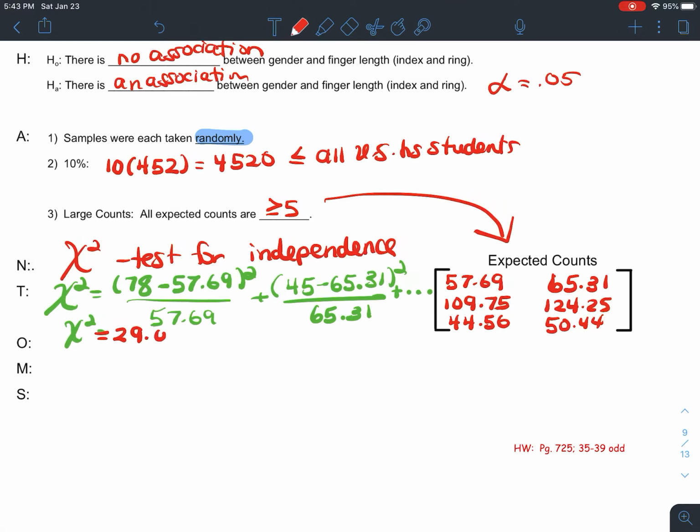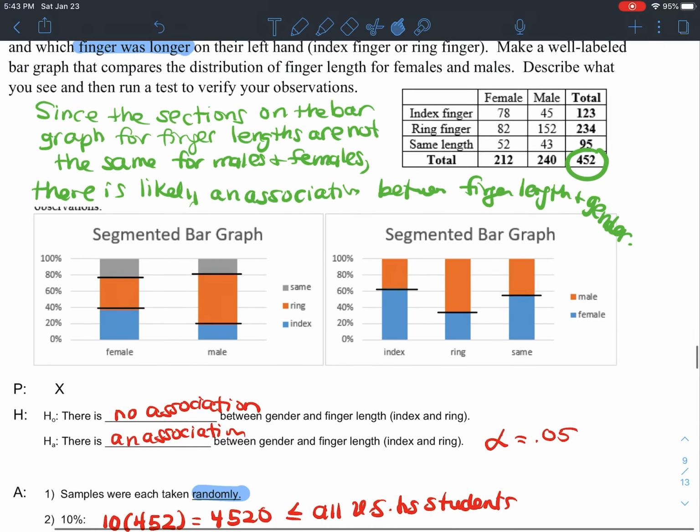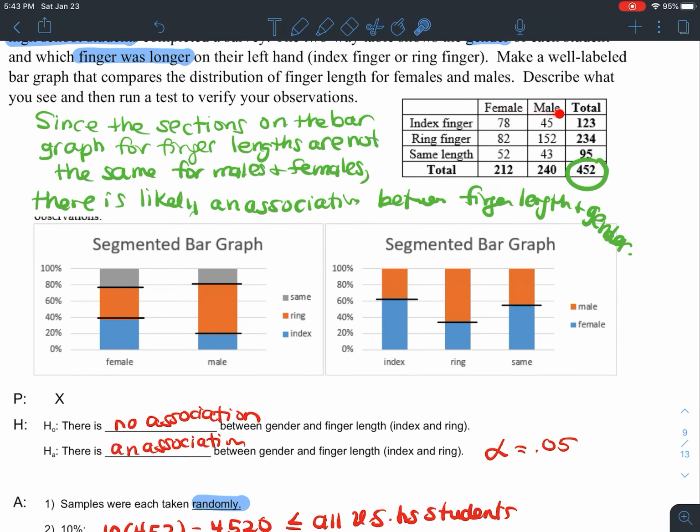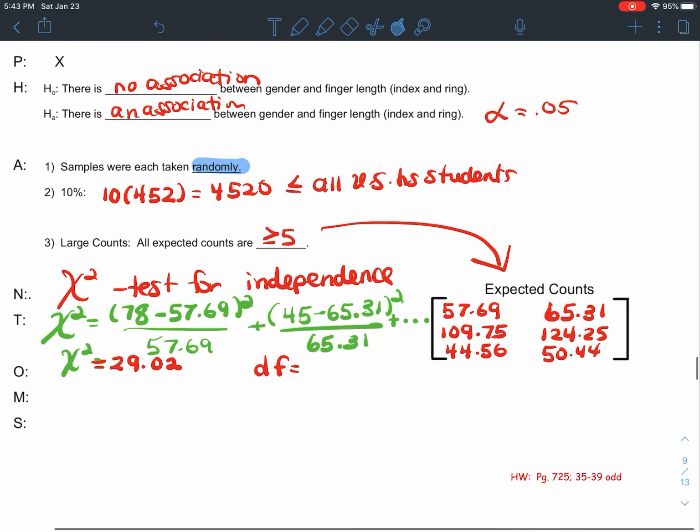It would give me that the chi-square test statistic is 29.02. It also reports the degrees of freedom. We know that's number of rows minus 1 times number of columns minus 1. That would be 2 minus 1 times 3 minus 1, which is 2 degrees of freedom.